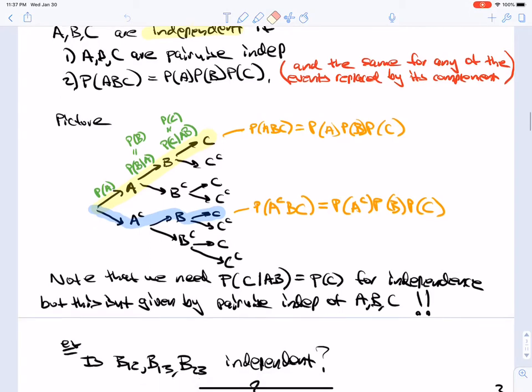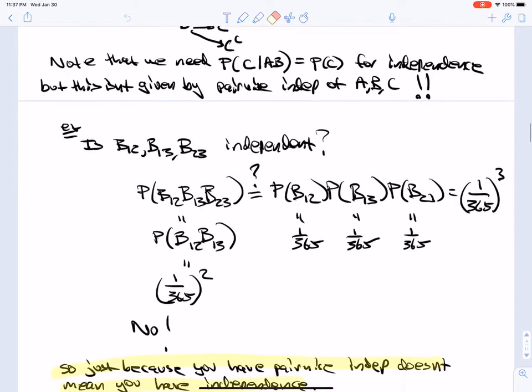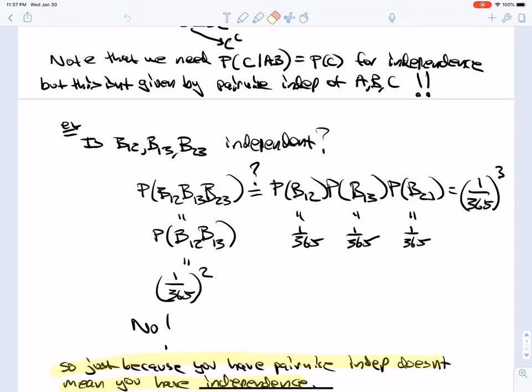But let's take a look at an example to further illustrate this. So are B12, B13, and B23 independent? We already know that they're pairwise independent from above. Is it independent? You need to check that the multiplication rule holds, and you can see that it does not.